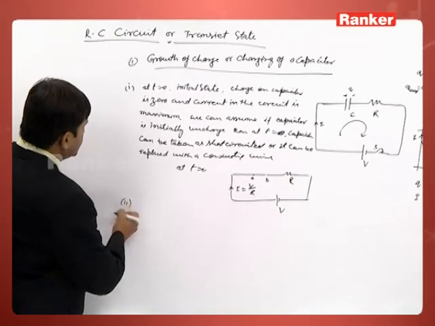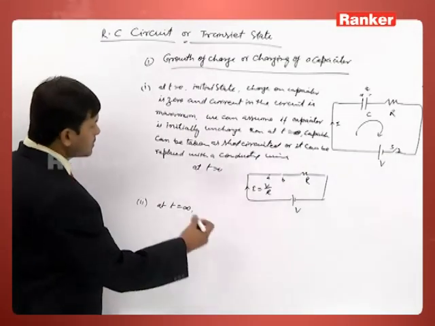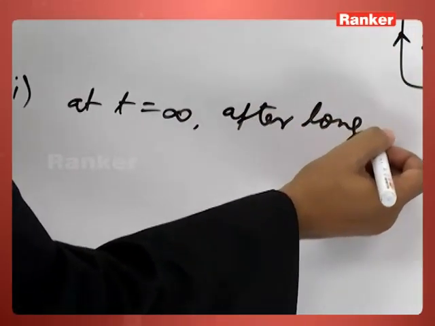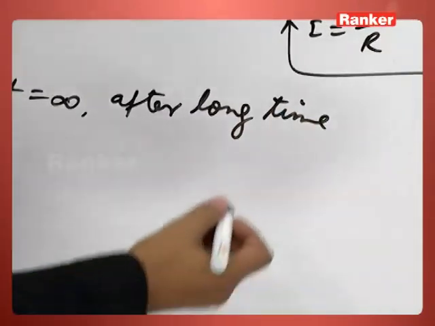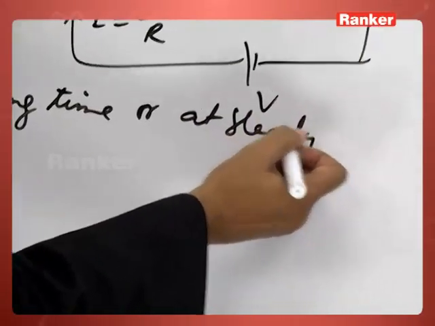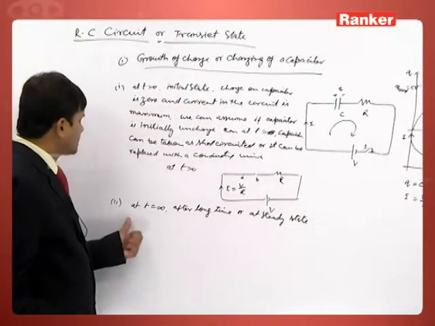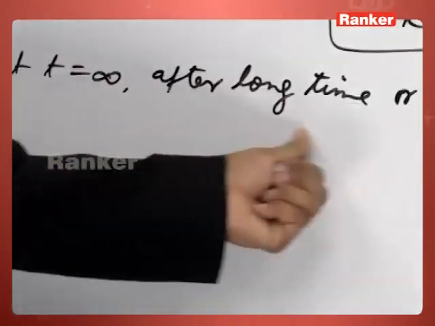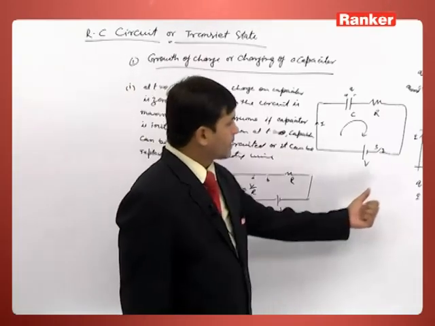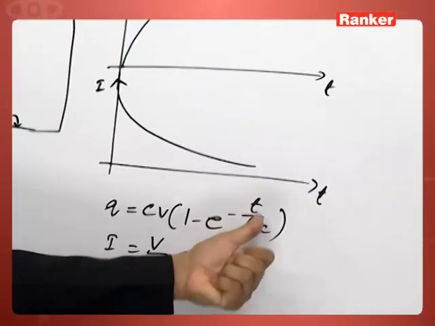Similarly, see, t equal to infinity also represents after a long time, or at steady state. See here, when t is infinity, the e to the power term becomes 0.